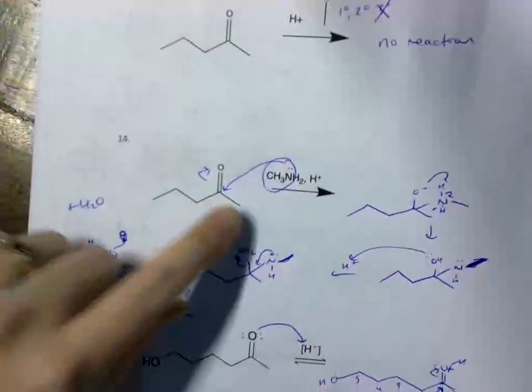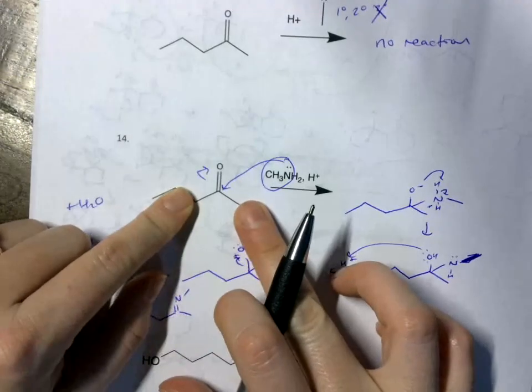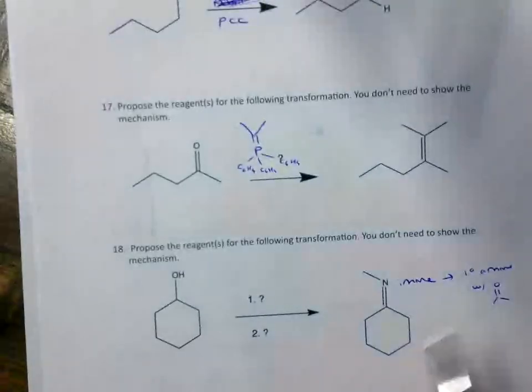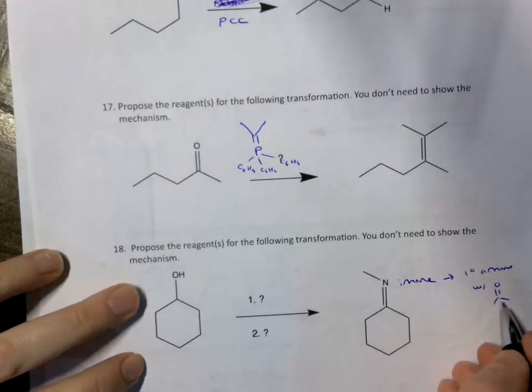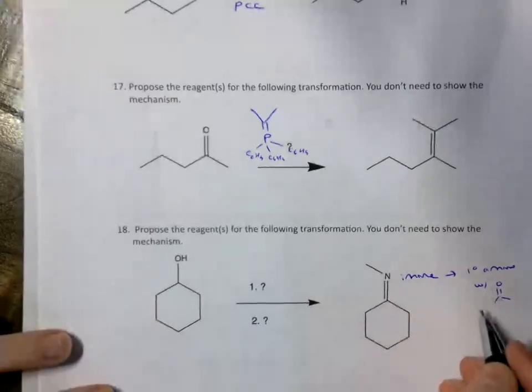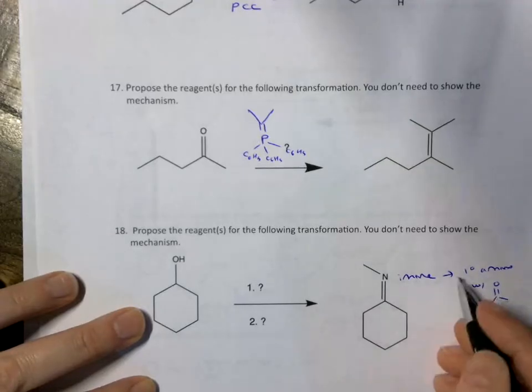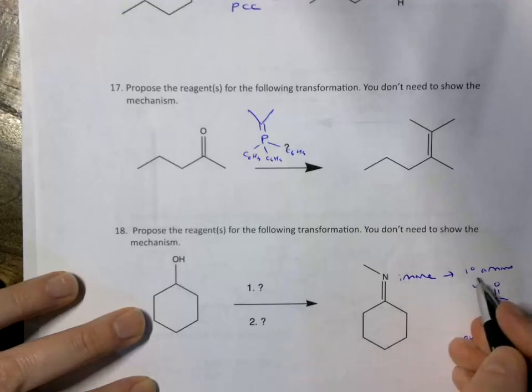Actually, to get this exact imine, it is on a ring, but we already saw a molecule like that. So we first need to oxidize to get to this, and then we can do our amine. So we need to go from our secondary alcohol to our ketone and then react it with a primary amine.